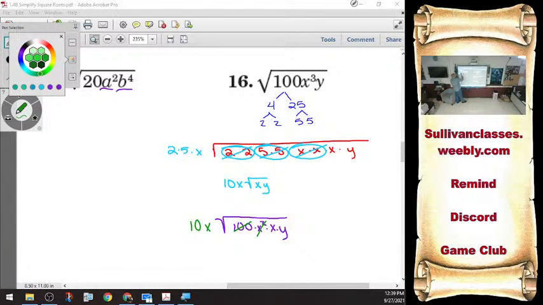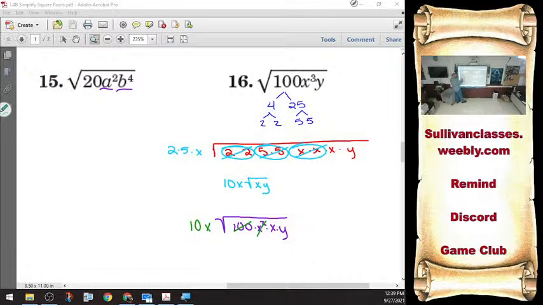So I'll try that again with, like, say I had the square root of 48 x to the fifth y to the third.